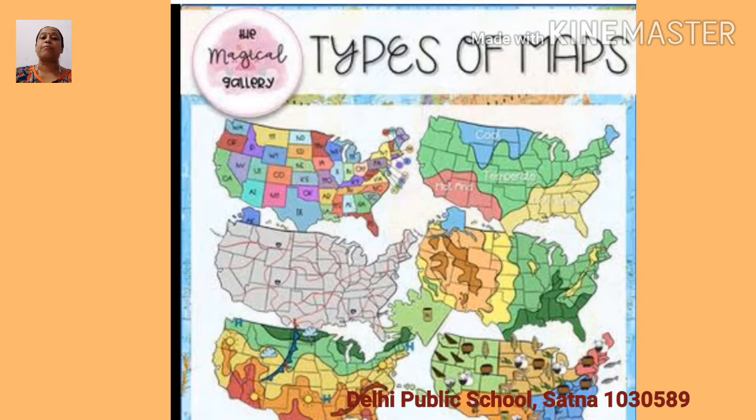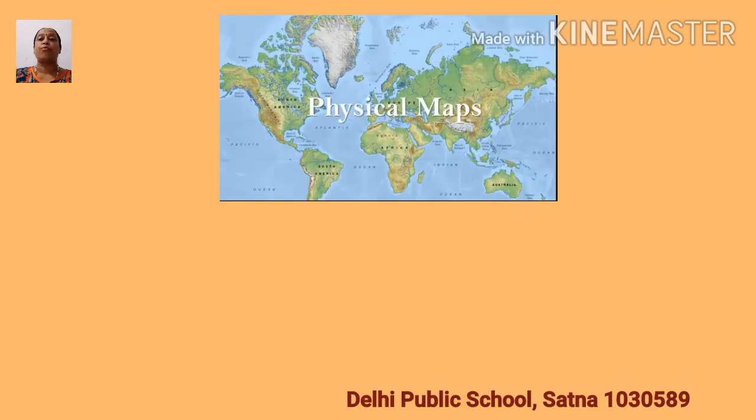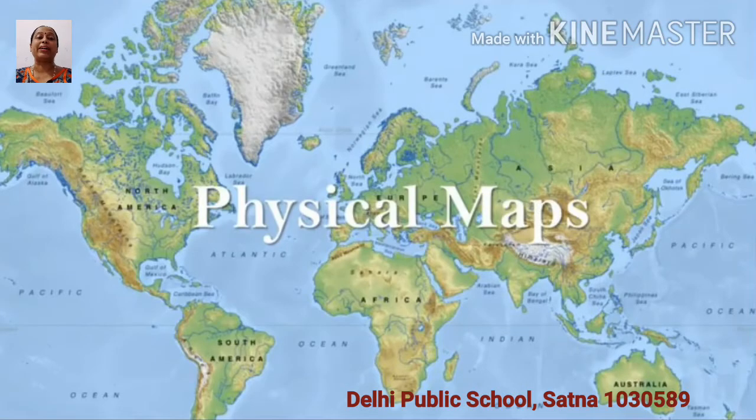Types of maps. Maps are of three types: physical maps, political maps, thematic maps. Physical maps are maps which show natural features of the earth like mountains, plateaus, rivers, plains; these are shown in physical, or we can say, relief maps.